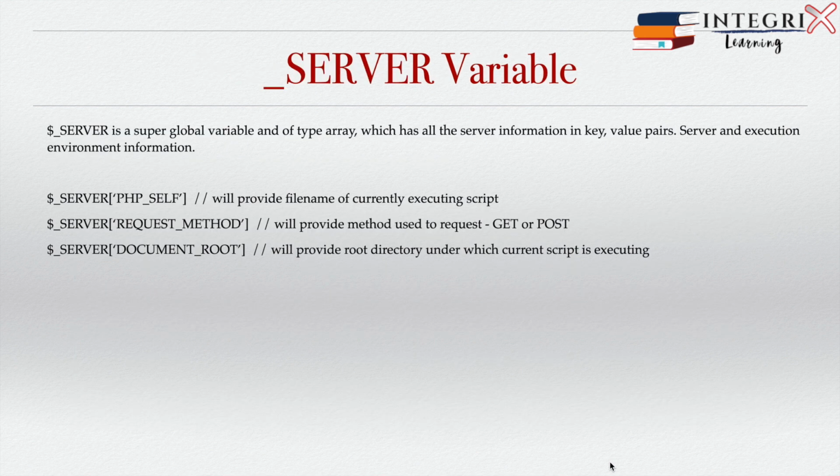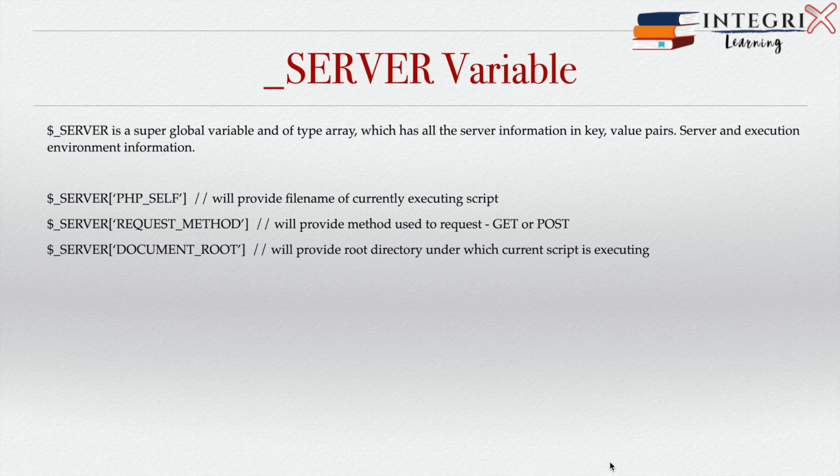Before going ahead, I want to quickly touch upon a super global variable, which is $_SERVER. This variable stores an associative array in key and value pairs, with everything about the server where the PHP script is executing and the execution environment. For example, it will tell which file name is executing the script.